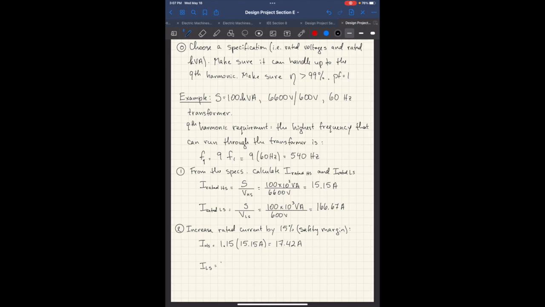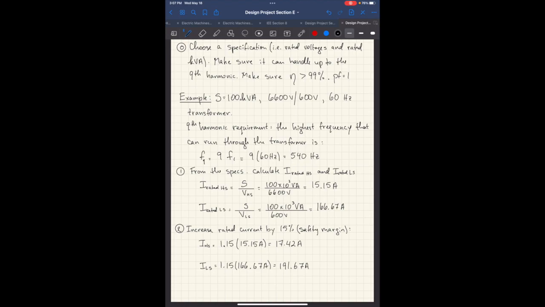And we do the same with the low side current. And this is going to be 191.67 amps.